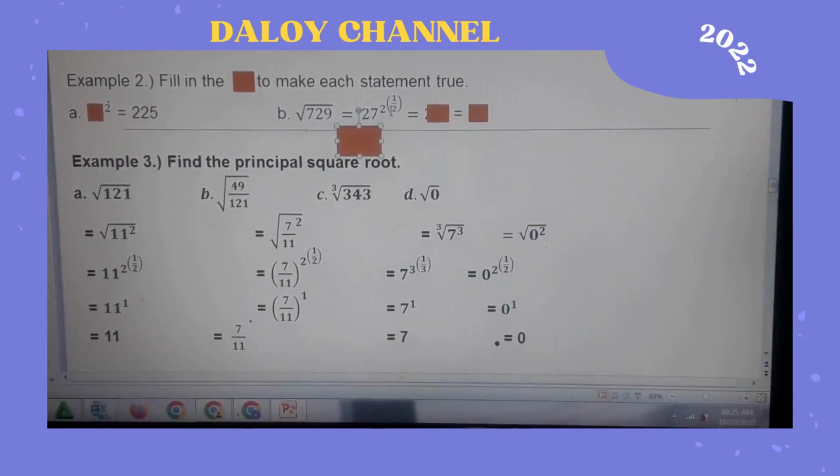So multiply 2 times 1 half. The result will be 27 to the power of 1. And 27 to the power of 1 is equivalent to 27 only.